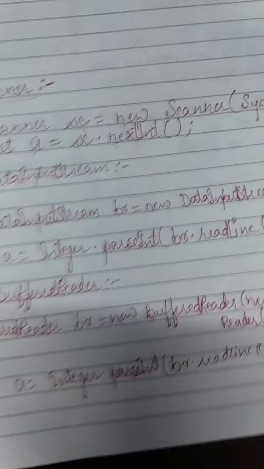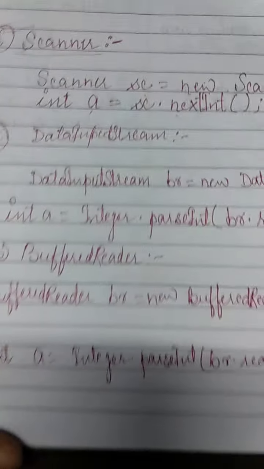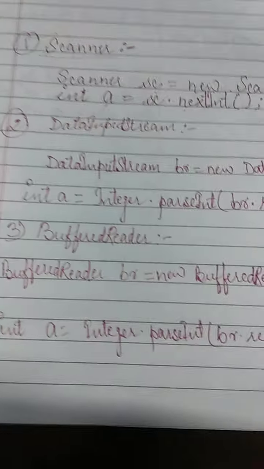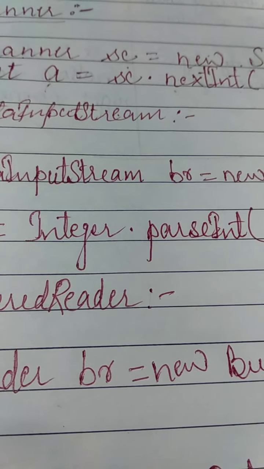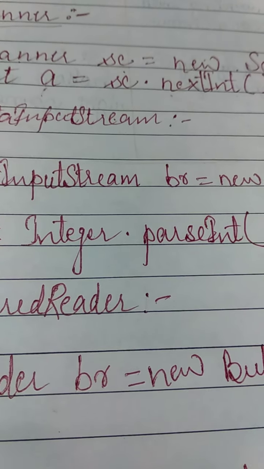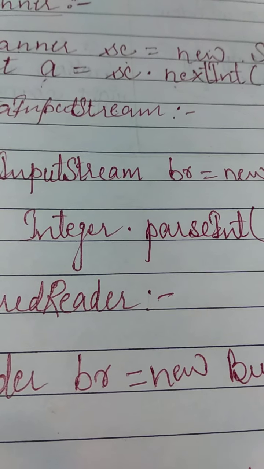Now tell me, what is the use of this Integer dot parseInt? Why are we using Integer dot parseInt? I am focusing on this Integer dot parseInt. What is the use of it?